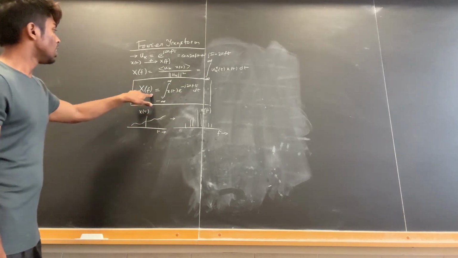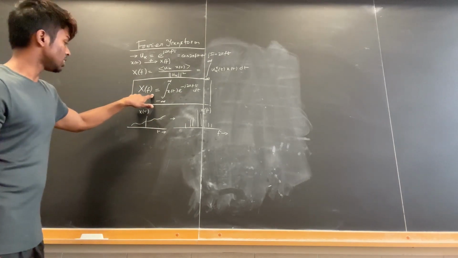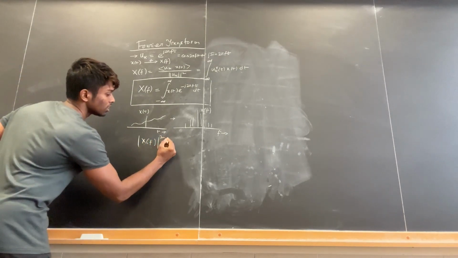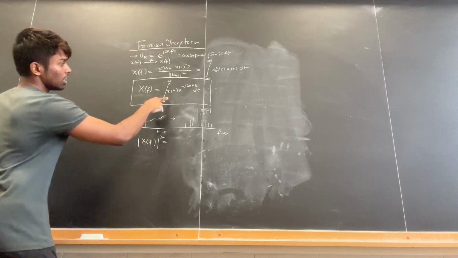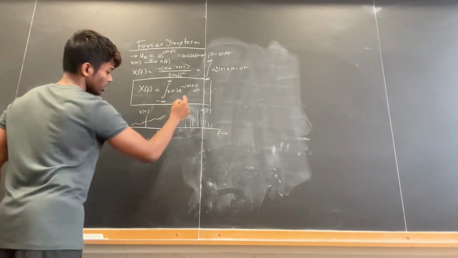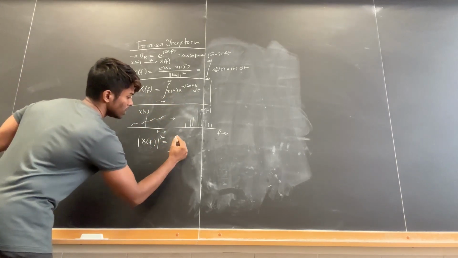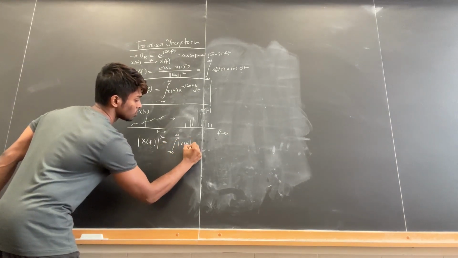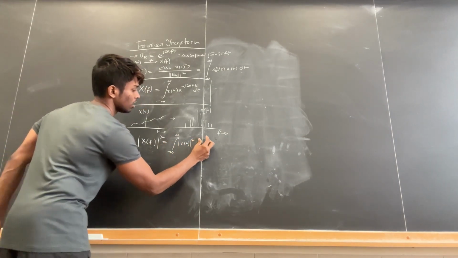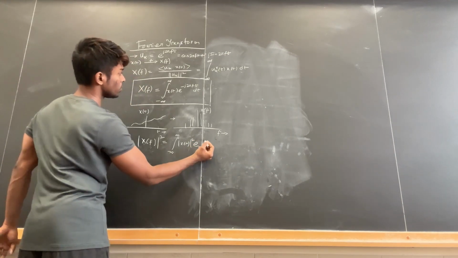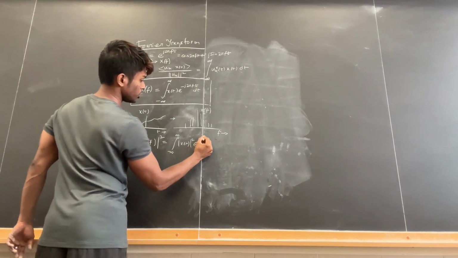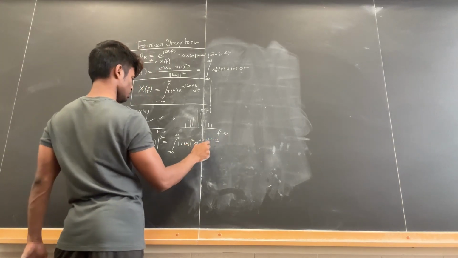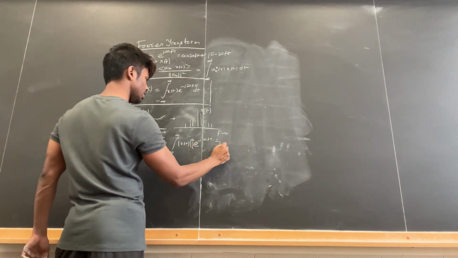And if we take a look closely at xf, the modulus of xf square, that specifically gives us this integration. If we do a modulus square on this integration, we actually get integration minus infinity to infinity mod of xt e to the power minus j 2 pi ft, mod squared over this, dt.